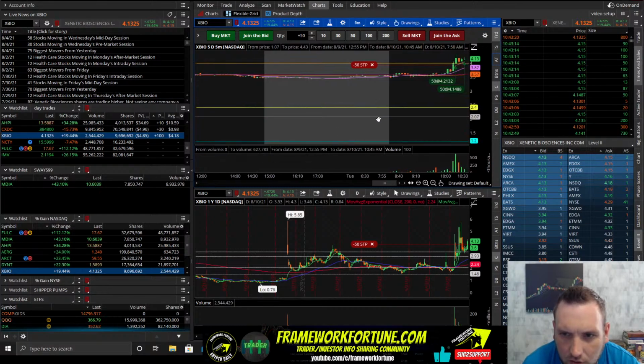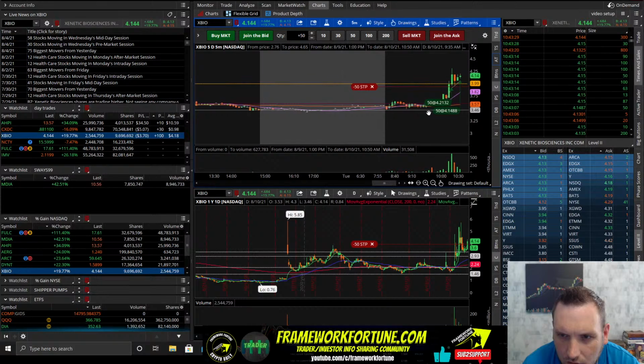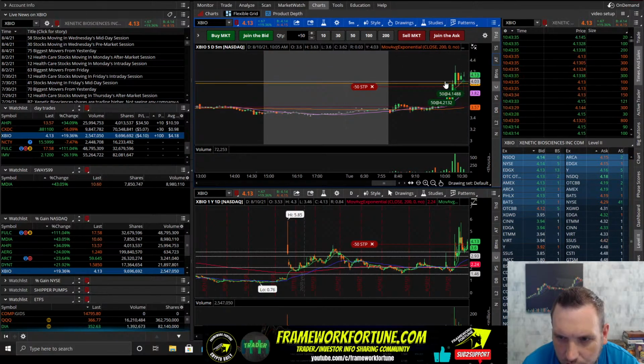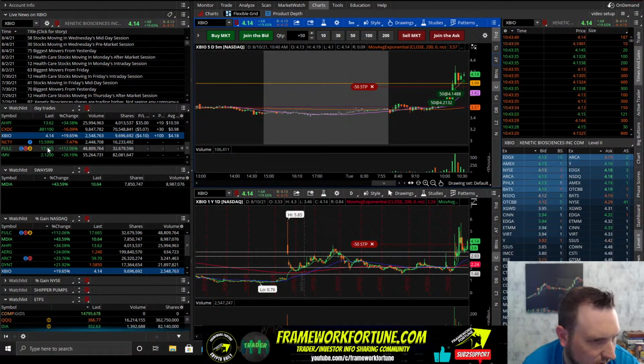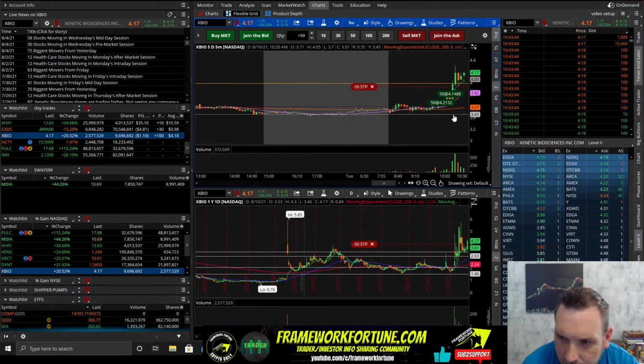Getting held up right here in this level, but it's holding above that $4 support line. So it just needs a little bit more buying volume and it could start pushing again.